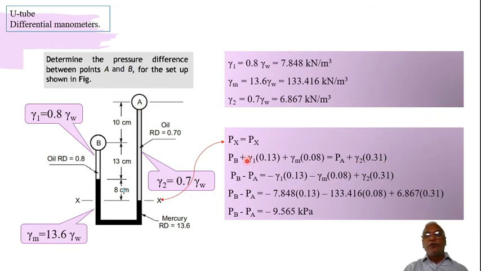So you now know gamma 1, gamma 2, gamma m. You can calculate all other things. So if we work out, Pb minus Pa comes out to be minus 9.565 kilopascals. If you want to write PA minus PB, the pressure difference between points A and B, it will be 9.565 kilopascals positive, right?